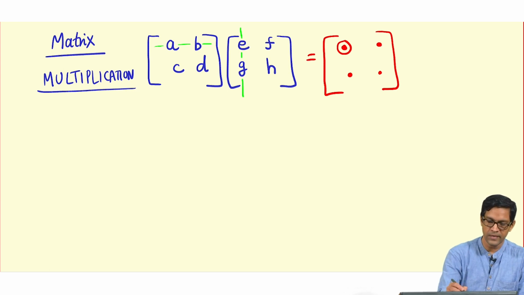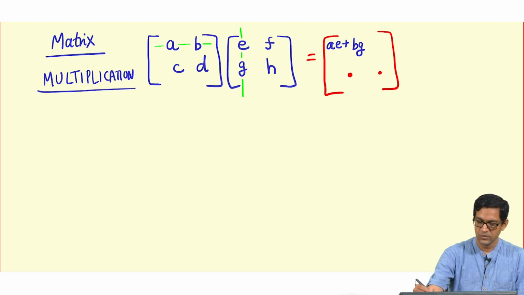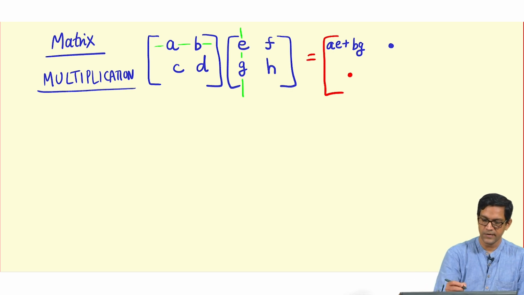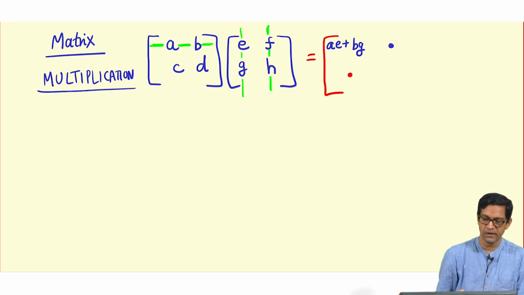So here I have got A B in the first row and E G in the first column. I multiply them together in the following way. This entry here is going to be A times E plus B times G. Now I do the same thing to compute the next entry, the entry in the first row and the second column. I take the first row, which is A B again, but now I multiply it element by element pairwise with the entries of the second column of the second matrix.